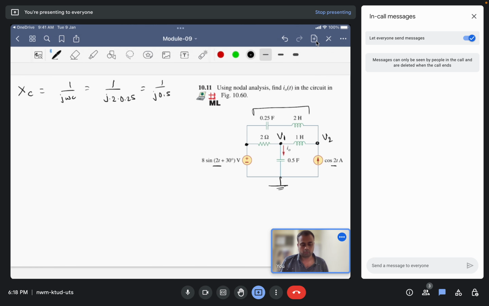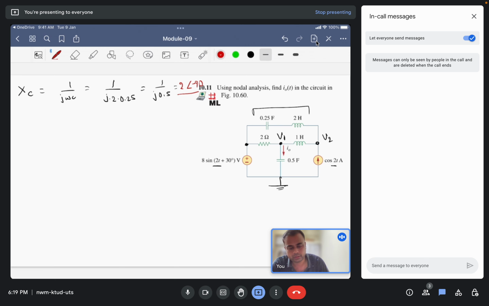We'll write this again in terms of phasor, so it will be 1 upon 0.5 angle 90, which is 2 angle minus 90.